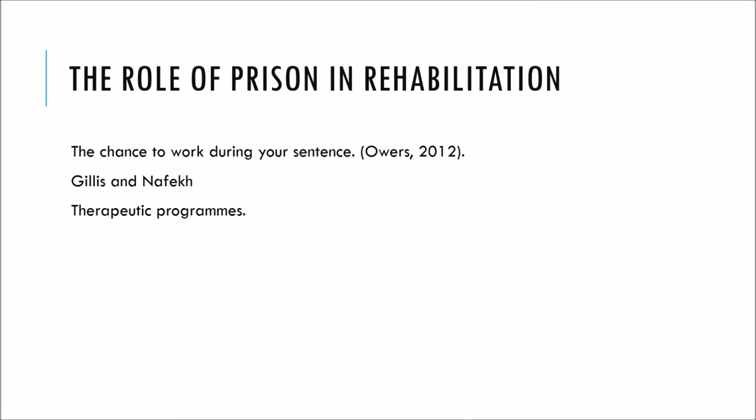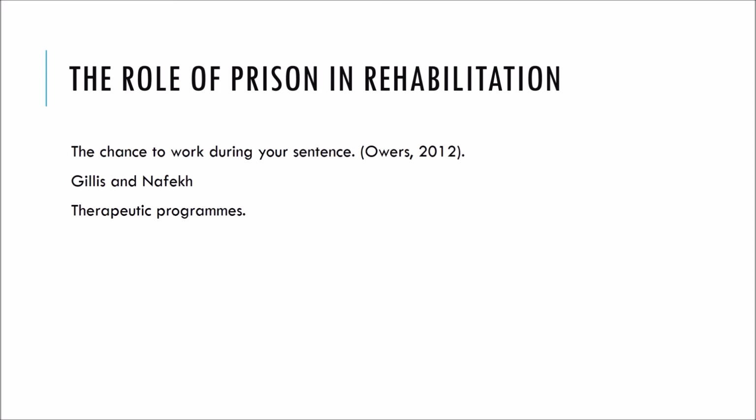So the role of prison in rehabilitation schemes is firstly, we give you a chance to work during your sentence if you're part of one of these kinds of rehabilitation schemes. So the UK government has placed prisons at the heart of its rehabilitation revolution in criminal justice.